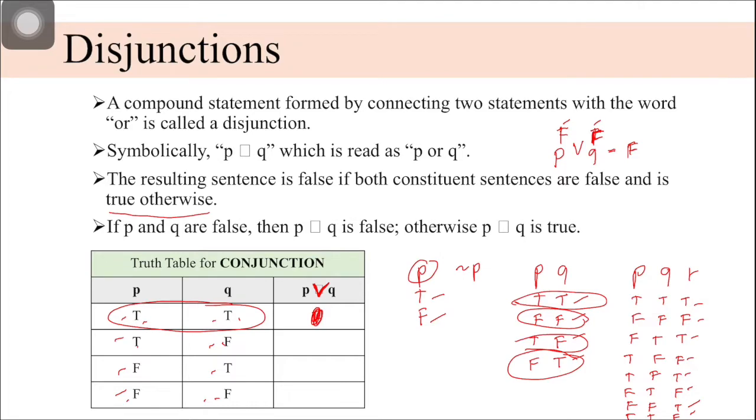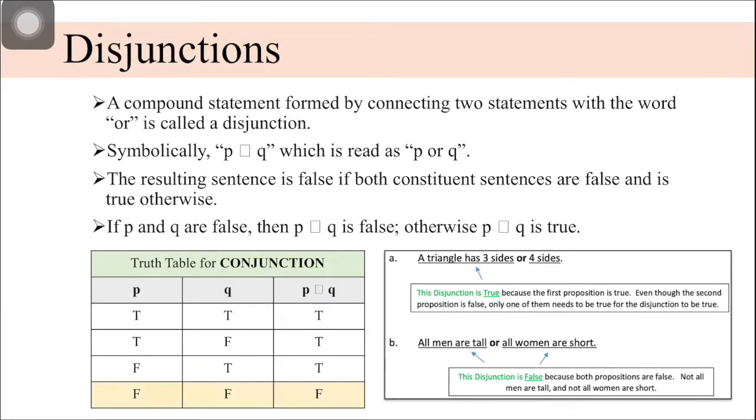This is true. Asara may false ani? Kinira siya. Mora ni ang false. So, the resulting sentence is false if both constituent sentences are false. And otherwise, is true. So, true na ni silang tulo. Kaya mora man ni makapa-false niya. If both constituent sentences are false, then the resulting sentence is false.